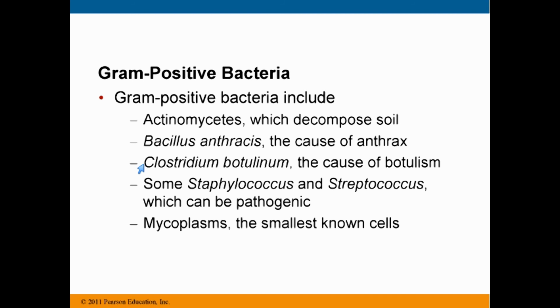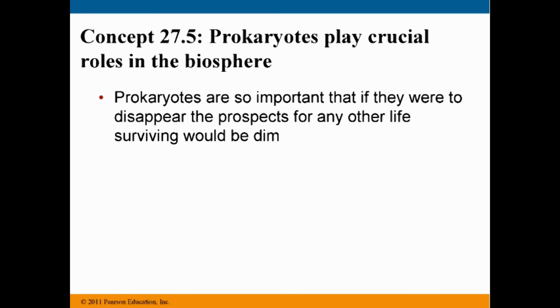And then mycoplasmas are the smallest known cells, and these fall into our gram-positive bacteria. Okay, so when you study these, make sure for each group that you study the characteristics and also the examples. So I would know the examples and be able to possibly do some matching questions for those.